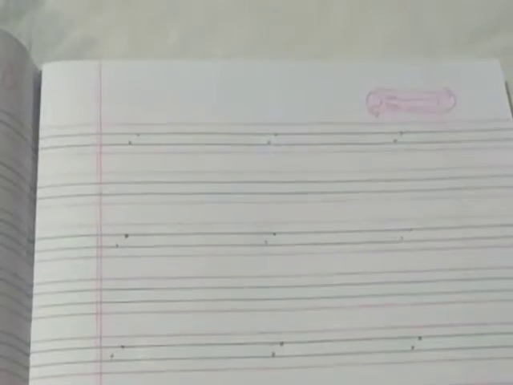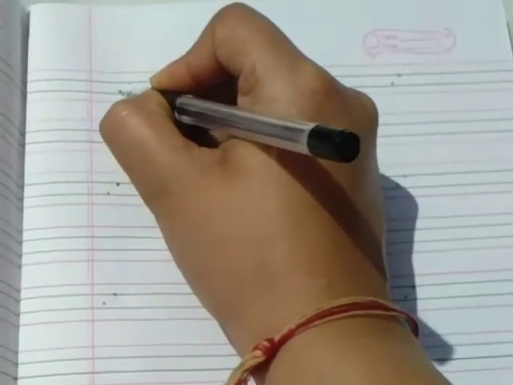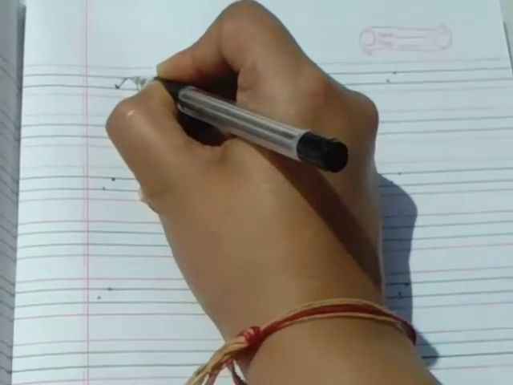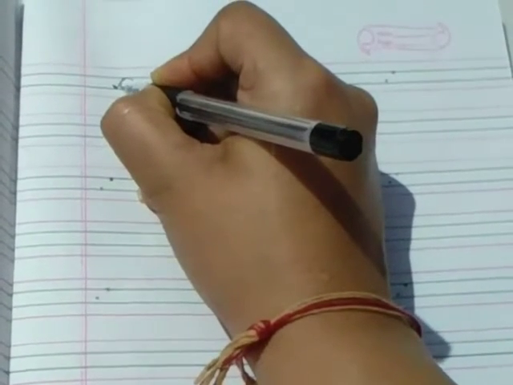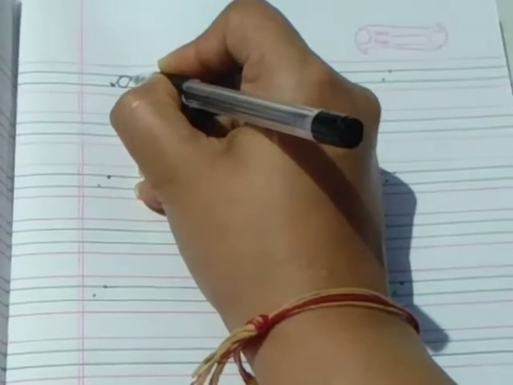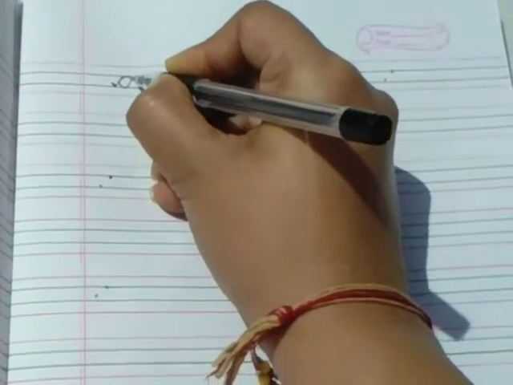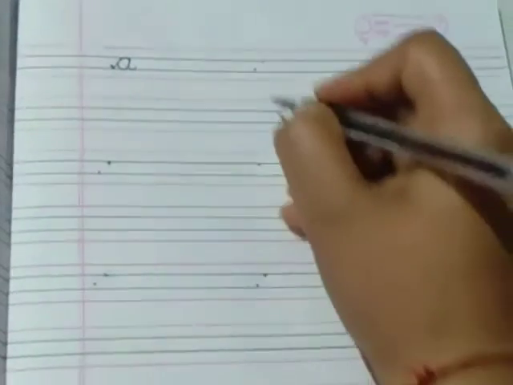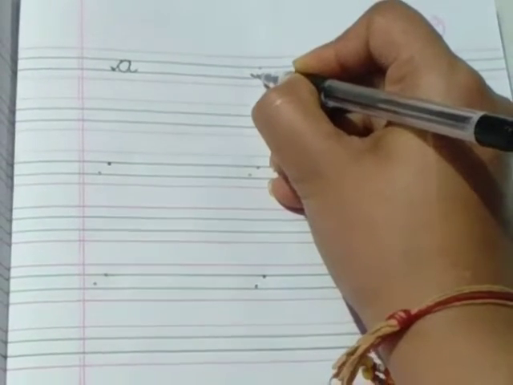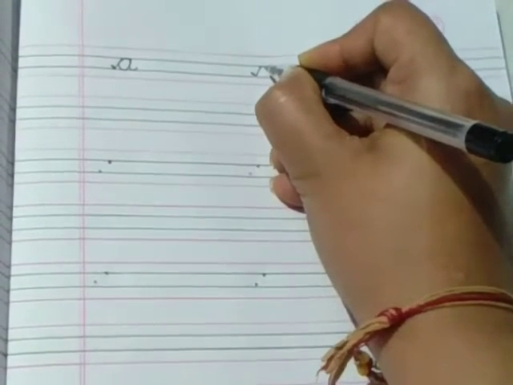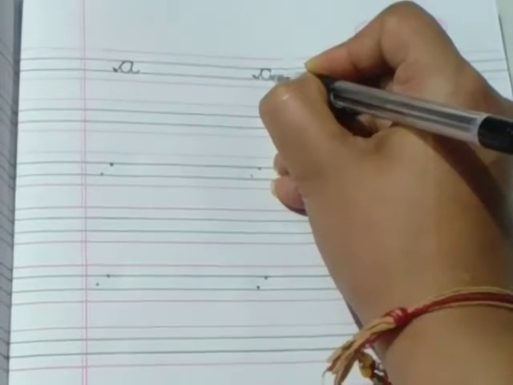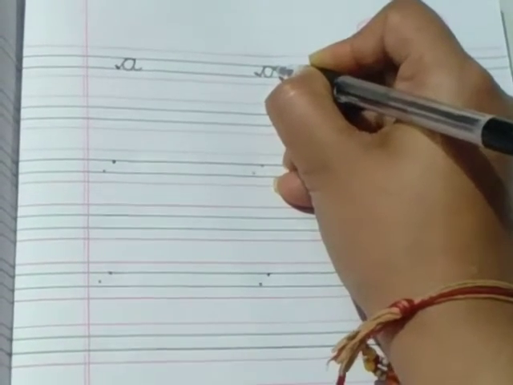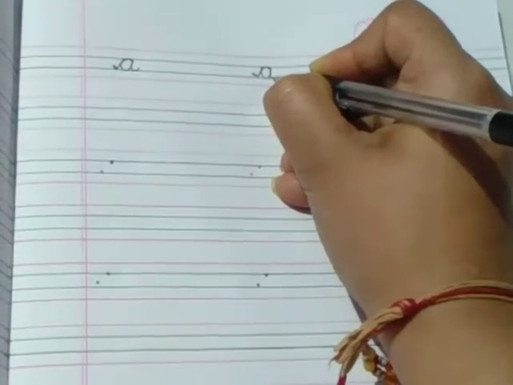Now see, looking at two dots, the same dot we will follow for writing letter A. So, touch the third line, go slanting up, a little curve, come down, go to the second line, come down, A. Again, touch the third line, go slanting up, a little curve, come down, touch the second line. You have to go up to the second line. Okay, then come down.